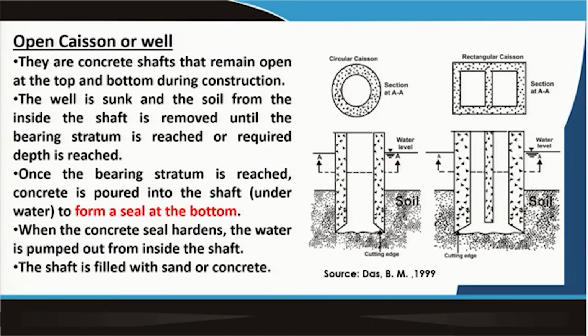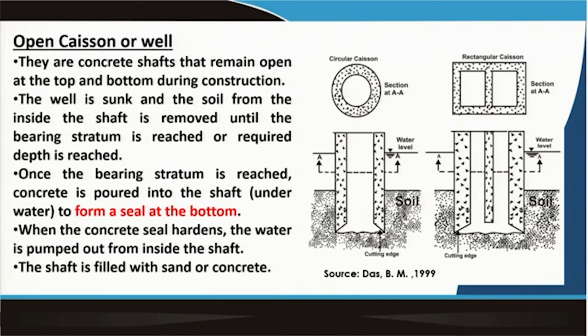Once it has reached the required depth or the bearing strata, then concrete is poured into that shaft. Now this is a hollow shaft which is installed up to the required depth, but water is still inside the shaft. Water is not removed, only the soil inside the shaft is removed.